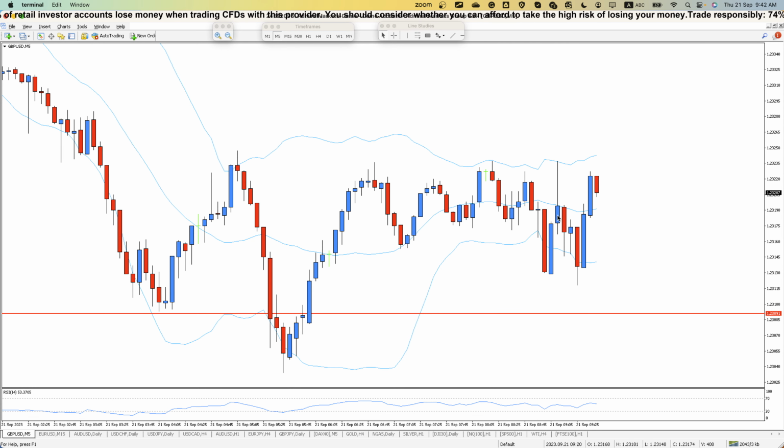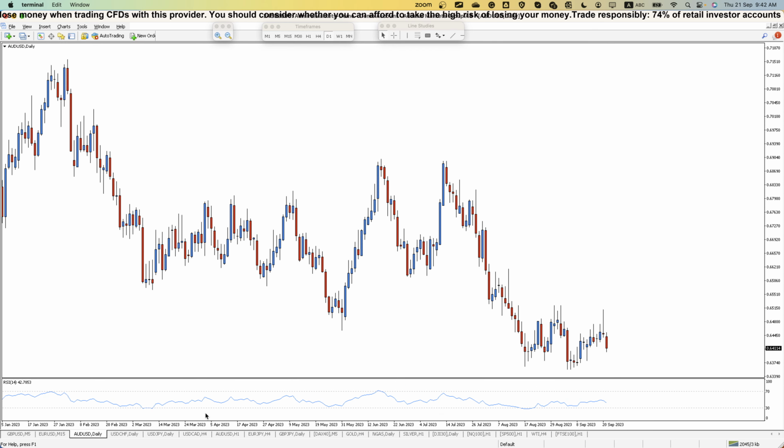Depends how the market participants will react to the event itself.